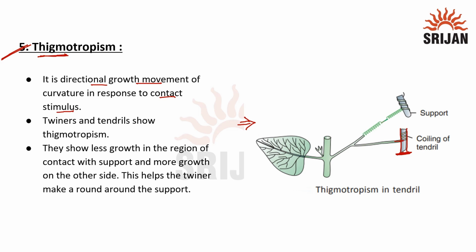So this is an example of thigmotropism. Twiners and tendrils show thigmotropism, with less growth in the region of contact with the support, and more growth on the other side. This helps the twiner to curl around the support.